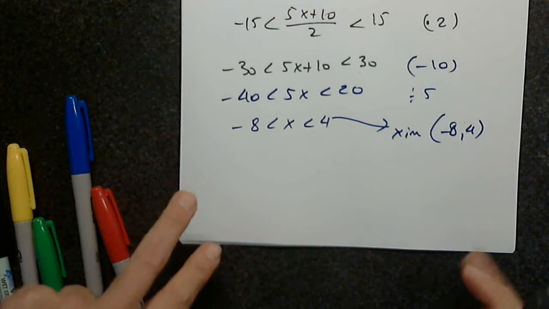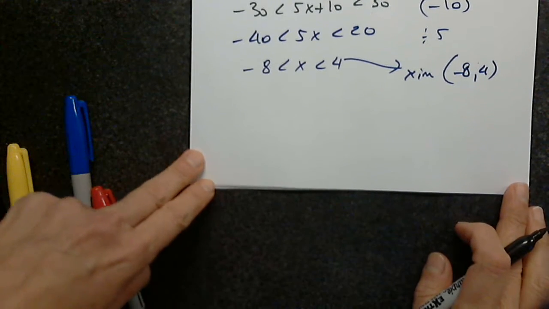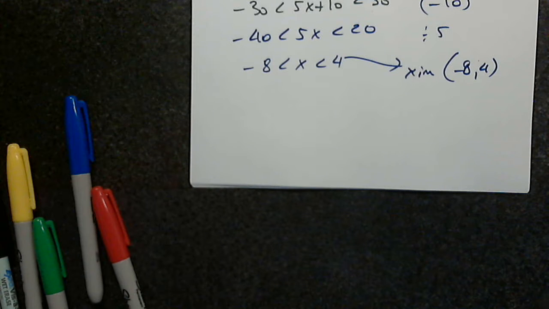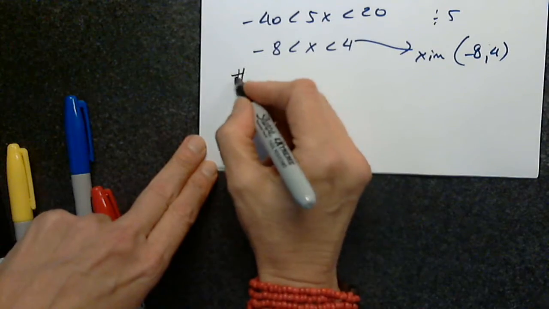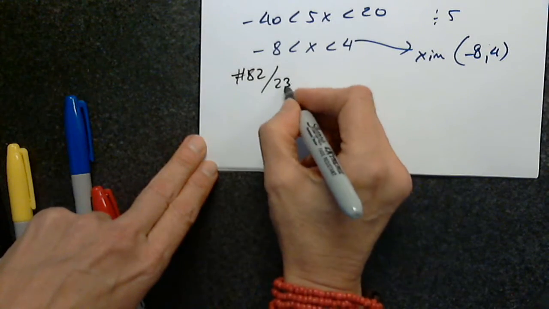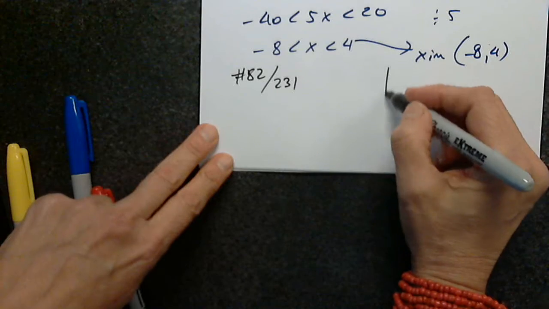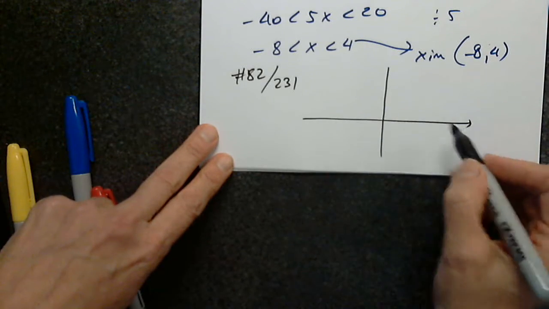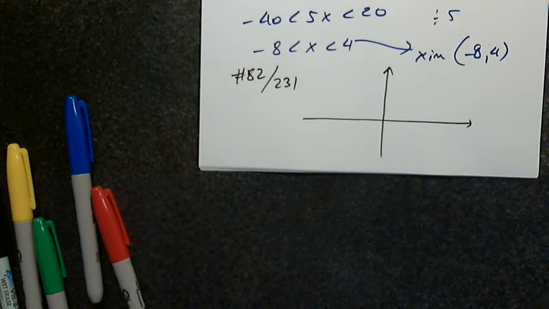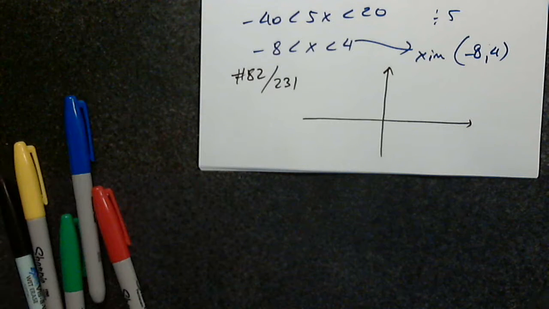Okay, so let's go back and look at a function. And I'm going to pick a function from your book. I am interested in picking number 82 on page 231. I'm going to copy the graph to the best of my abilities. And we may just simply read from my graph.